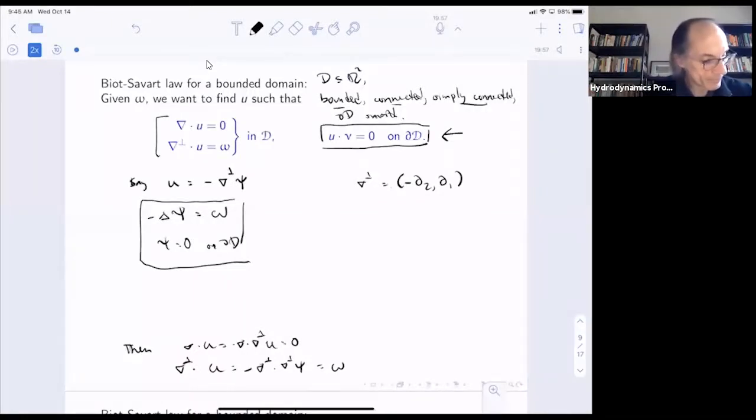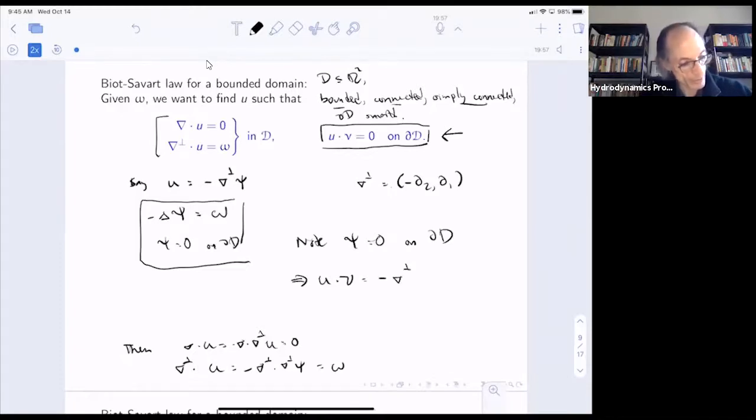Then u dot nu is minus grad perp psi dot nu, that's minus D2 psi, D1 psi times nu1, nu2, the dot product.